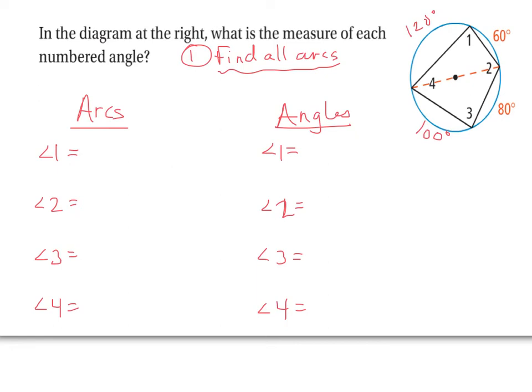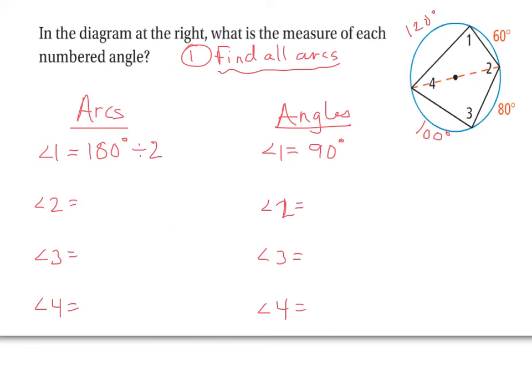Now, once you know all the arcs, the angles are going to be easy to find out, because you're just going to add certain things together. So we'll start with angle number 1. If you follow angle number 1 out, it intersects the semicircle, so the arc is 180 degrees for angle 1, which means if you take 180 and divide that by 2, angle 1 is going to be 90 degrees.